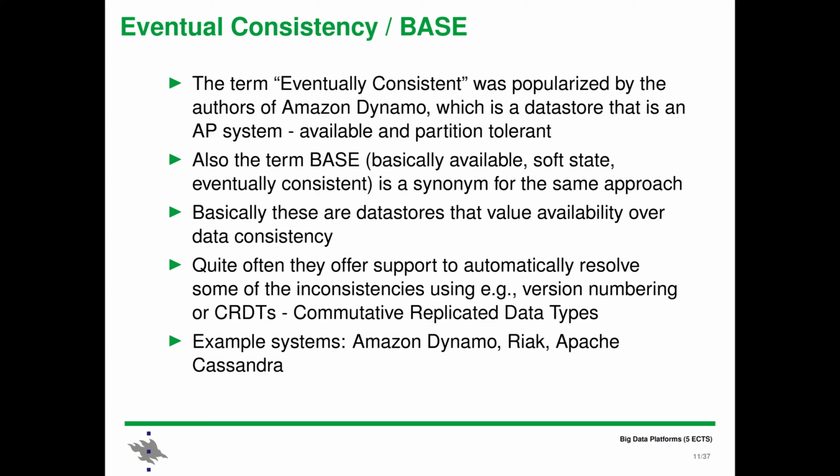Other things people use are timestamps. So using timestamps, newer modifications always override older modifications. So if you don't provide a way to merge conflicts, the system will just overwrite old modifications with new modifications based on the timestamp.